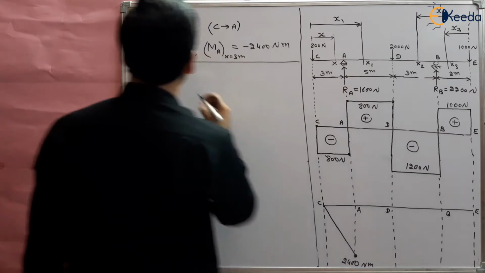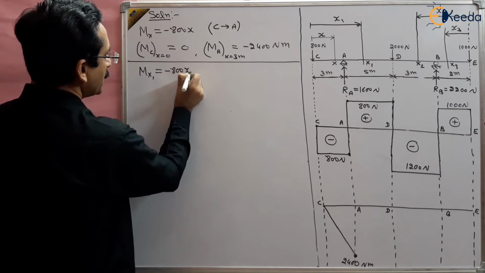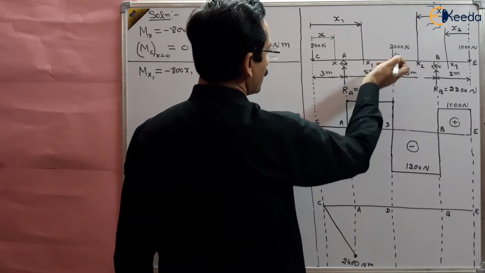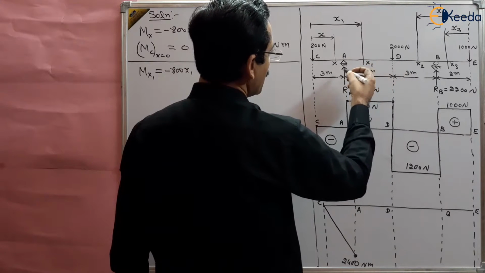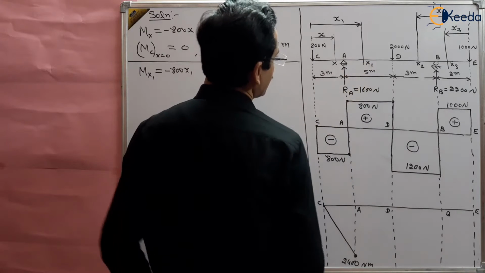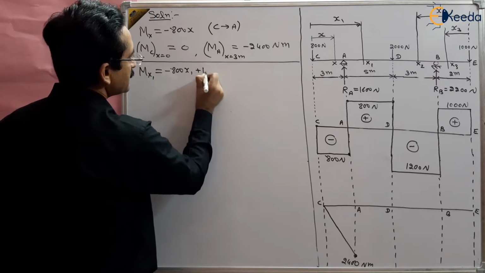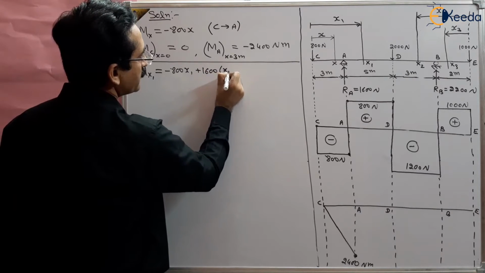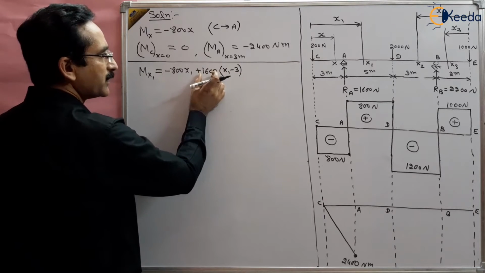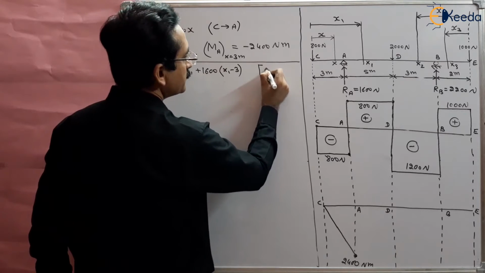So 800 x1, and this is anti-clockwise, that is negative, minus 800 x1, and the moment of 1600 about x1. 1600 is clockwise, clockwise is positive, positive 1600 multiplied by the distance ax1. What is ax1? That is x1 minus 3. So this is plus 1600 multiplied by x1 minus 3. This is the distance of 1600 from x1, and this is valid between A and D.